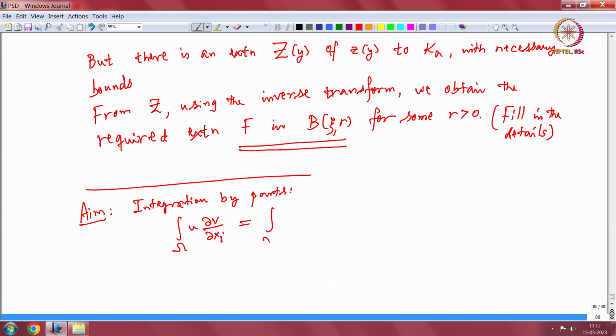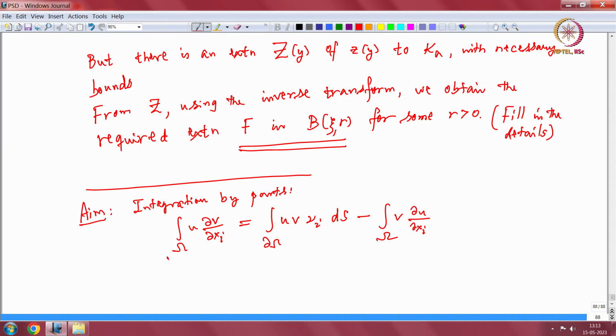So, this integral of u v nu_i dS minus v du by dx_i. Okay, so this is integration on the surface del omega.